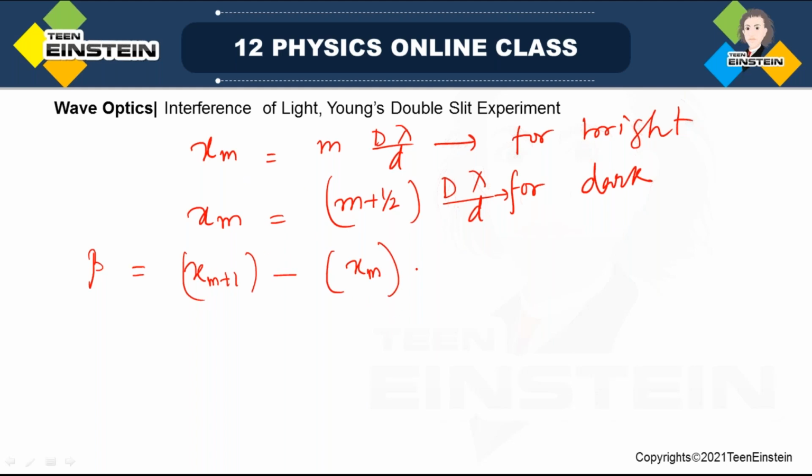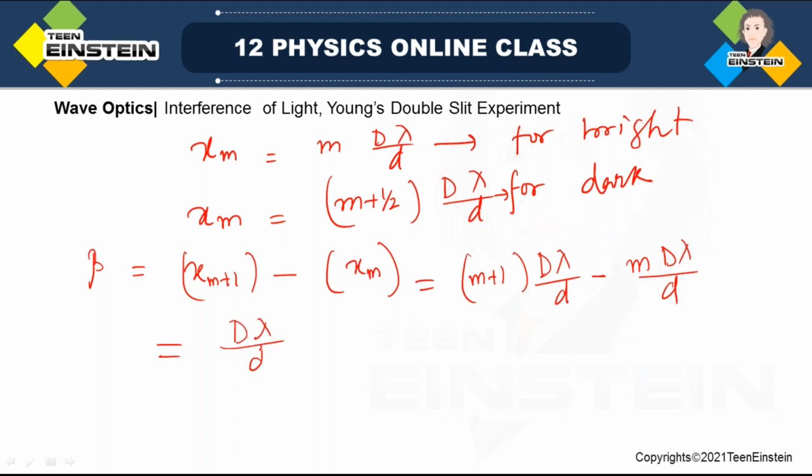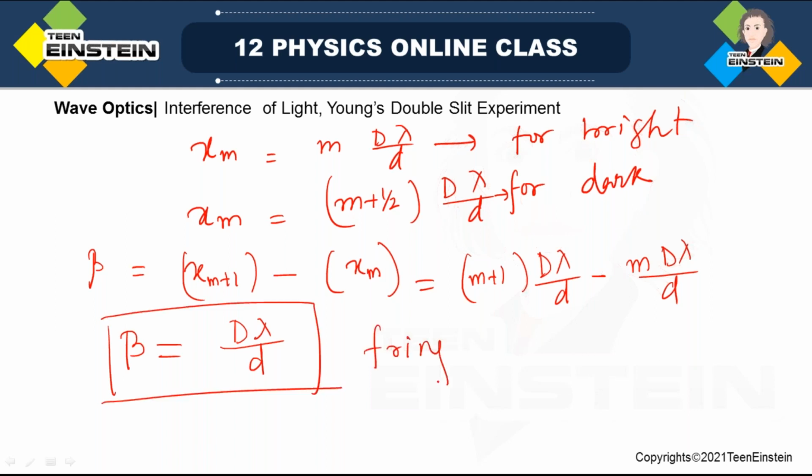So look, I am just writing the bright. The bright I know, so this will be m plus 1 D lambda by d, and this will be m D lambda by small d. So from here it is very easy to find, after solving, the expression for beta, the fringe width. This is called fringe width.